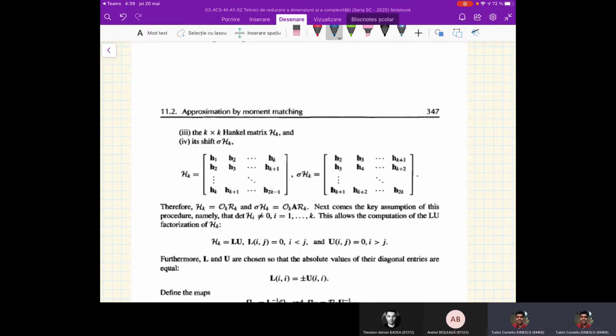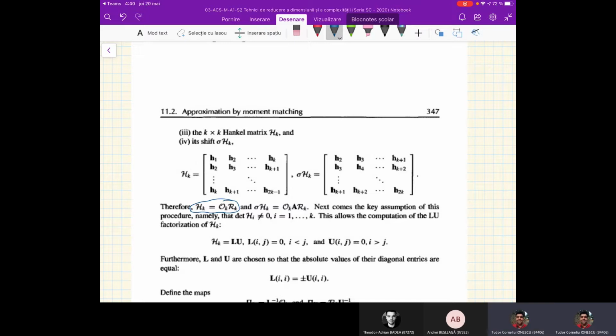Then you get the k by k Hankel matrix. Note that the Hankel matrix, we remember that also from chapter 3, in k steps, is a truncation of the infinite dimensional Hankel matrix operator. So this is just a truncation up to step k. And you can also build a shifted Hankel matrix like this.